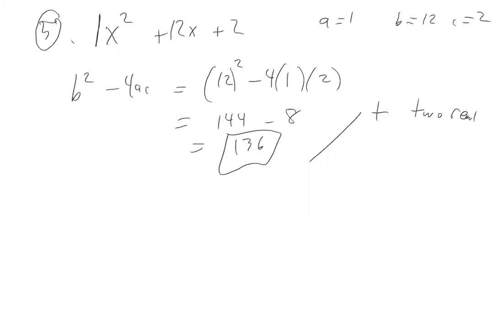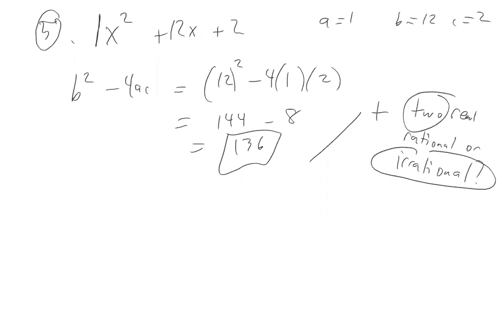Is it going to be rational or irrational? Well, we cannot actually do the square root of 136, so it's irrational. So there's 2 real irrational solutions. So 2 and irrational, those are the answers that they're looking for. Because when the discriminant is positive, but you can't take the square root of it, then it's 2 real irrational solutions.